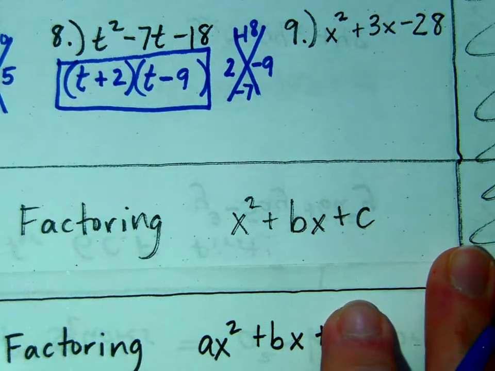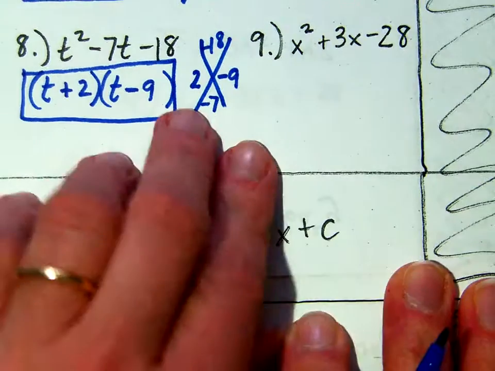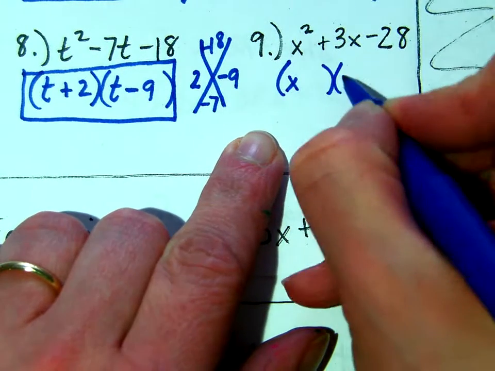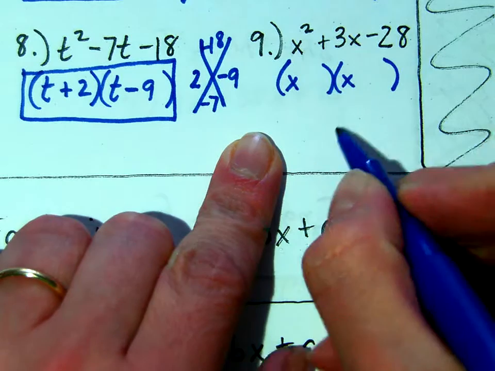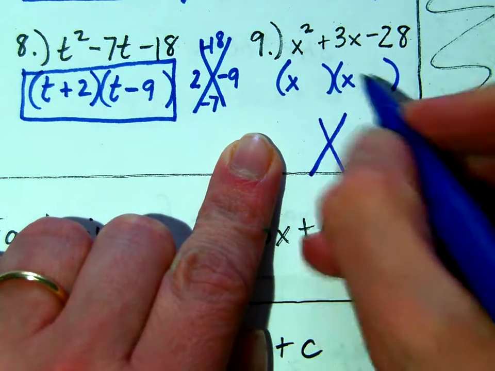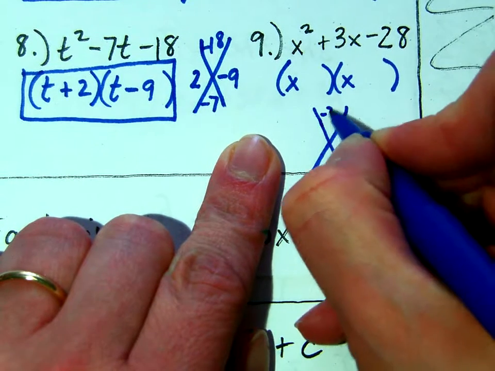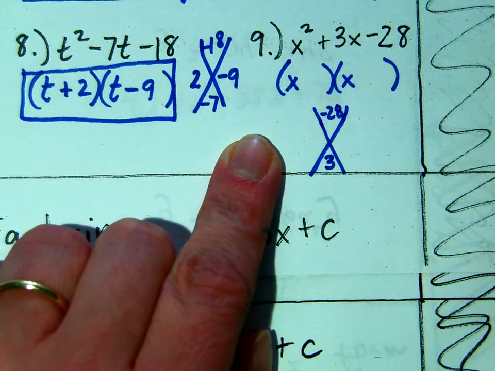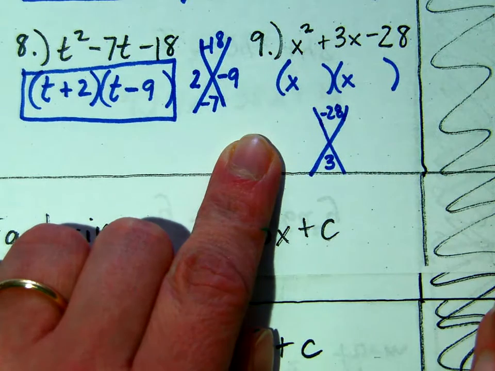One more. So over here, we've got x's again, so we can go ahead and set that up with x's. And then I'll do my puzzle down here. So we're multiplying to get negative 28 and adding to get 3. So if you think about your factors for negative 28, you kind of think about them. There's not very many. You have 2 and 14. That's not it. 1 and 28.